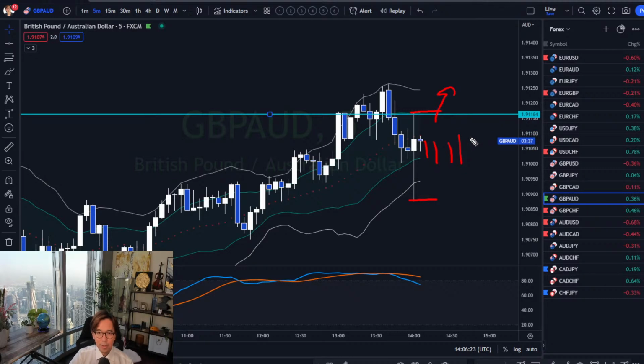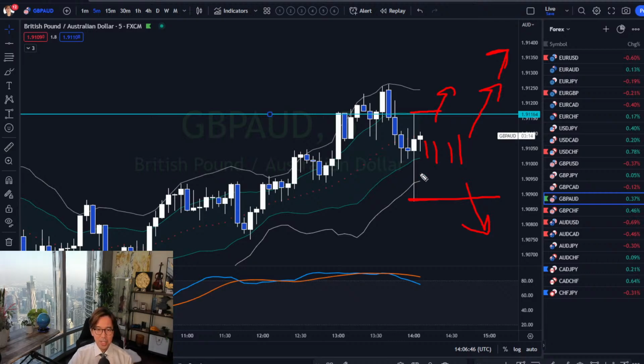And the market tends to go towards the breakout direction. If it breaks bullish, then most likely the market goes bullish. And if it breaks bearish, most likely it continues to be bearish. So I wait for the breakout to happen and then enter a trade if possible.